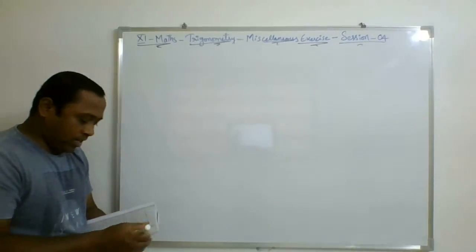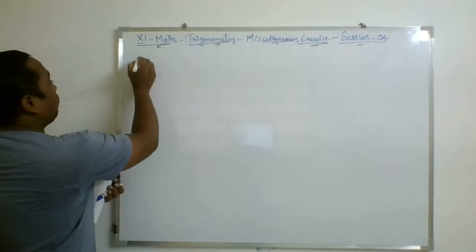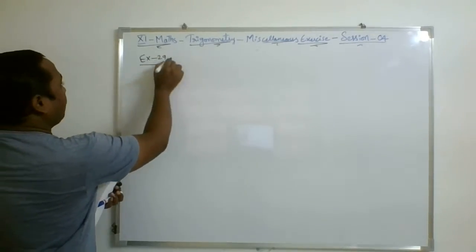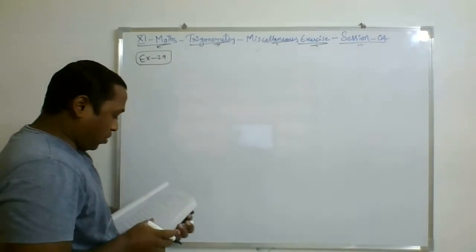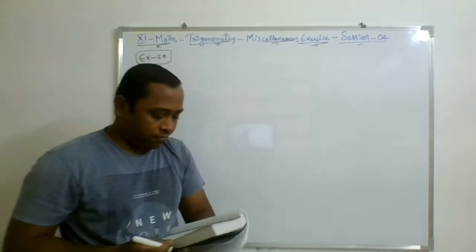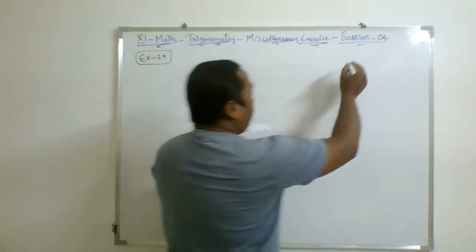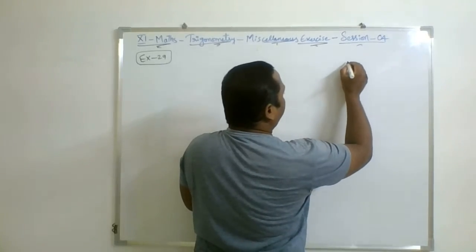I am going to explain first example number 29, which is considered a very important sum, because we require the formula of cos square x. You know the formula of sine square x and cos square x?